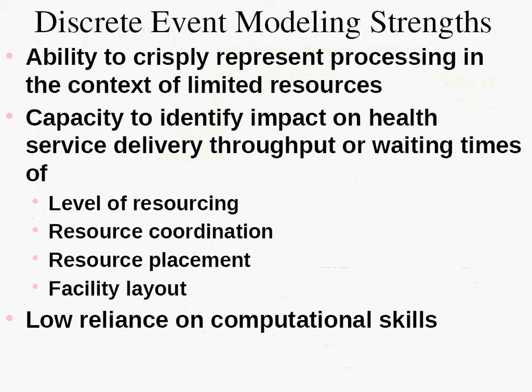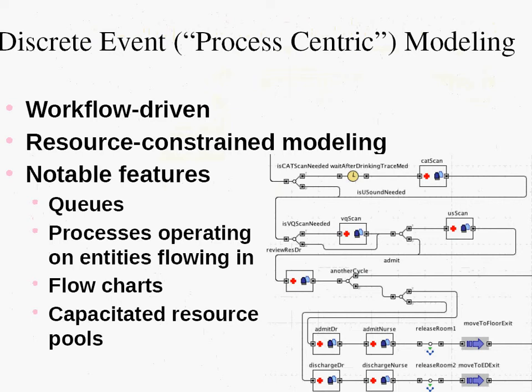The other type of modeling we looked at was discrete event modeling. Here we're particularly interested in workflow-driven systems, which have defined processes associated with them, where resource constraints limit the processing that goes on. For example, the availability of a piece of diagnostic equipment or a clinician may materially affect the rate at which someone progresses through a healthcare process.